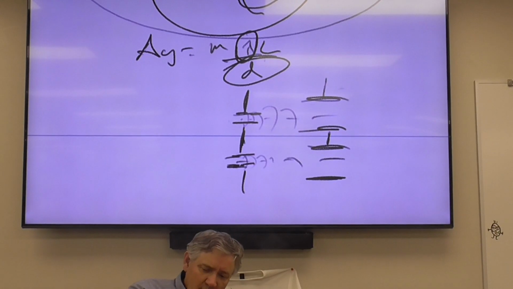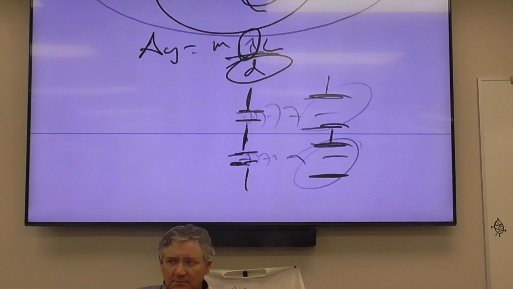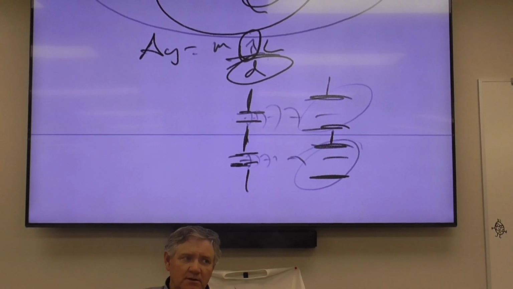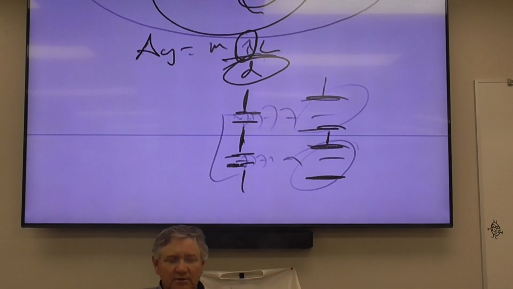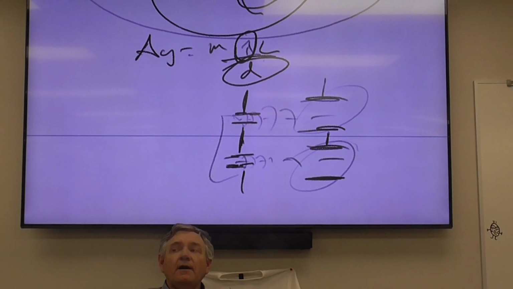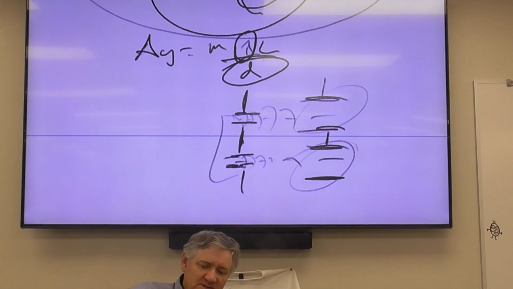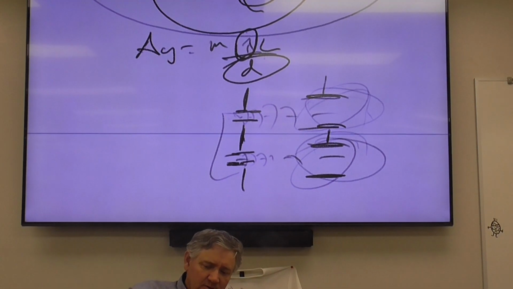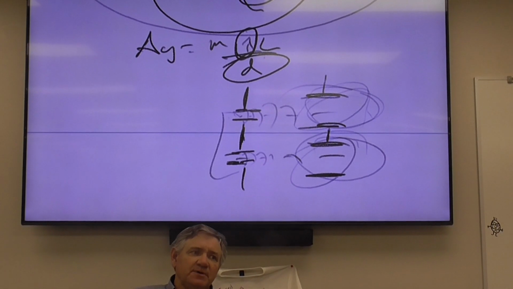Is the width of this opening in the equation? No. The only thing in the equation is lowercase d, which is the center to center. But what's going to happen to the amount of light or energy that's going to be able to pass through those openings?